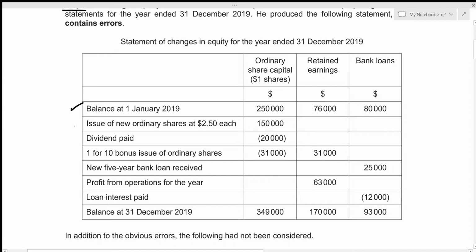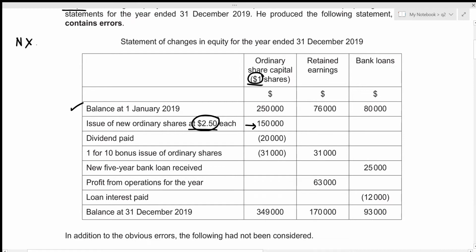Then secondly, we're given the issue of new ordinary shares at 2.50 each, whereas our ordinary share capital has a nominal rate of 1 each. So this value is based on 2.50. Rather than this value, this should only contain the number of shares multiplied with our nominal rate, which is $1, right? So let's figure out the correct value to be included in our ordinary share capital. Suppose that our number of shares is n.